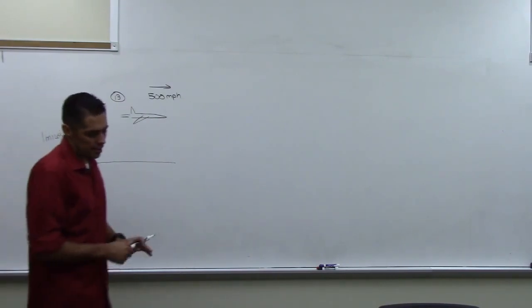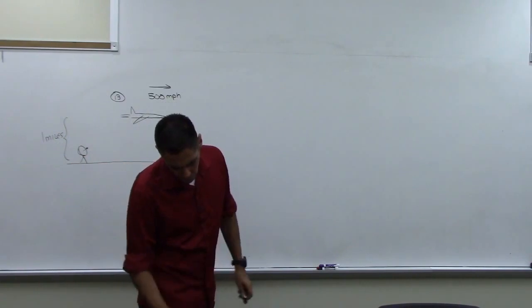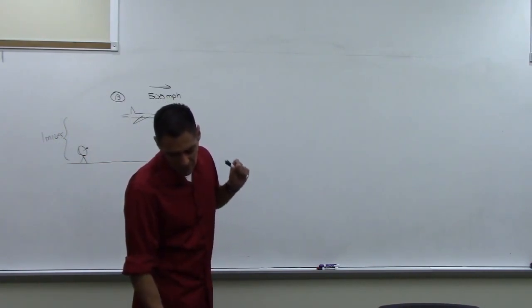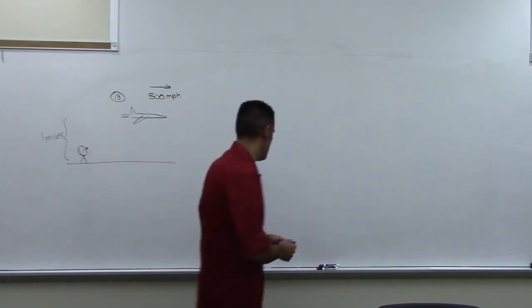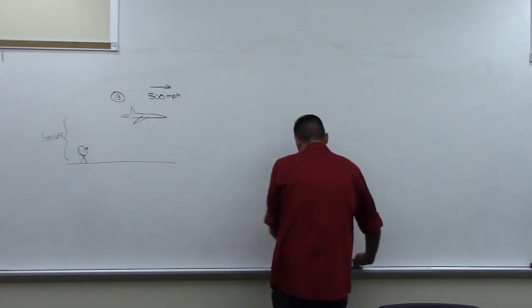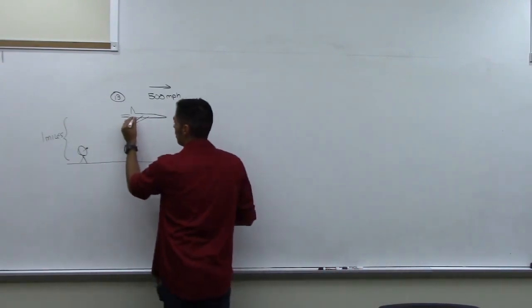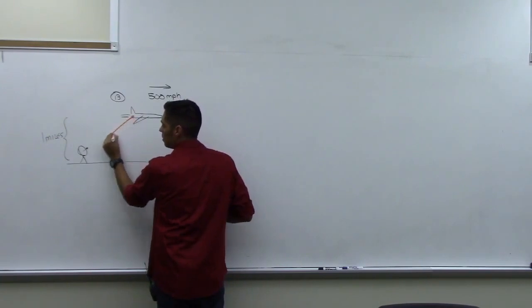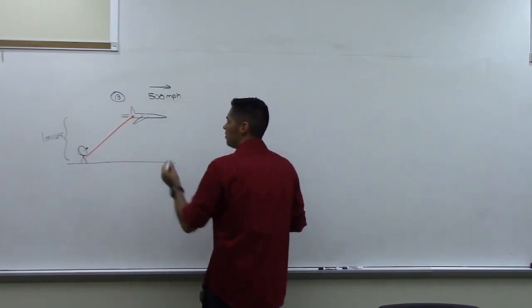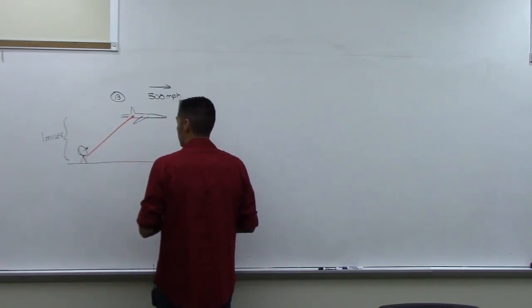Now, what we're interested in is knowing, find the rate at which the distance from the plane to the station is increasing when it's 2 miles away. So the distance between the plane and the radar station is going to be this distance right here. And this is my general picture.